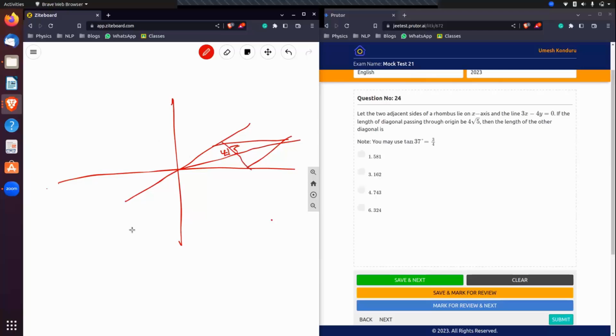So if you think of this in terms of vectors, you've been given the magnitude of this. If you call this A, you call this B, and you want to find out the magnitude of this.